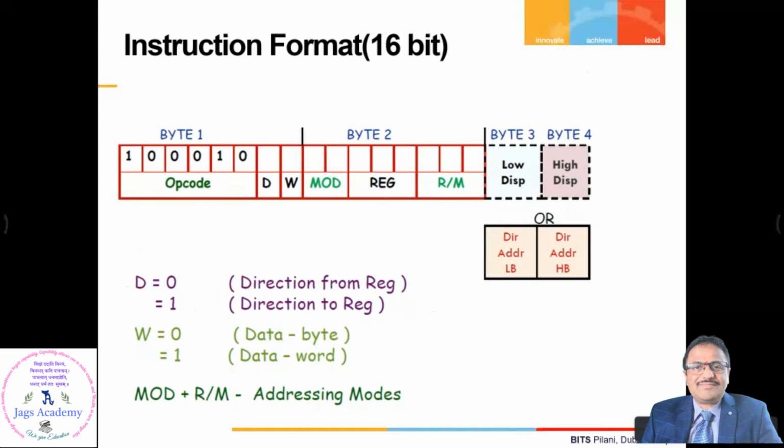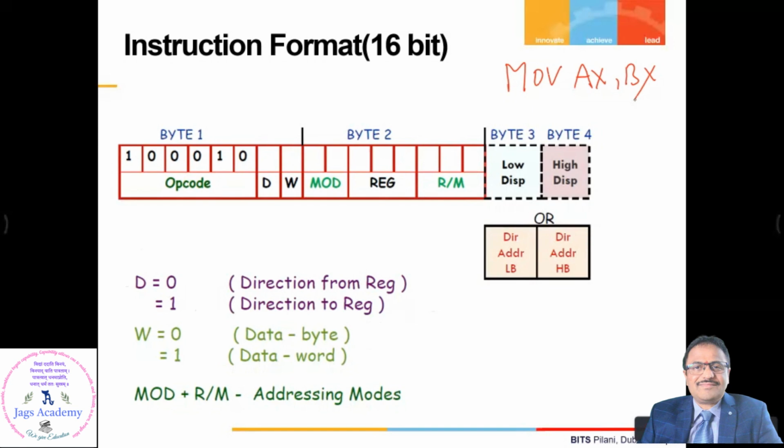Your microprocessor can understand only machine instructions. So far you have seen an instruction such as move ax comma bx. This is an assembly instruction. Does your microprocessor understand this? No, it has to be converted into the machine instruction.